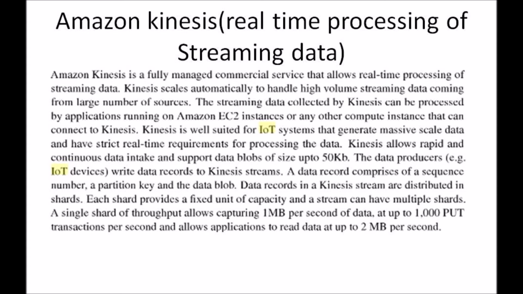The data producers write data records to the Kinesis stream. Data records in Kinesis are organized into shards, and a single stream can have multiple shards. A single shard usually allows capturing 1 MB of data per second and up to 1000 put transactions per second, and the read data rate is up to 2 MB per second.